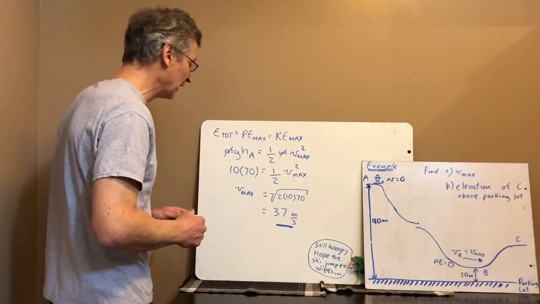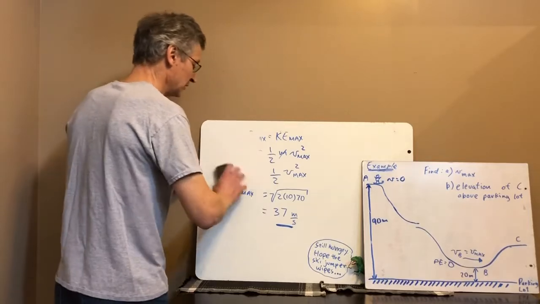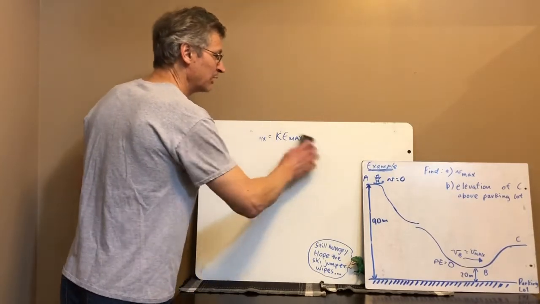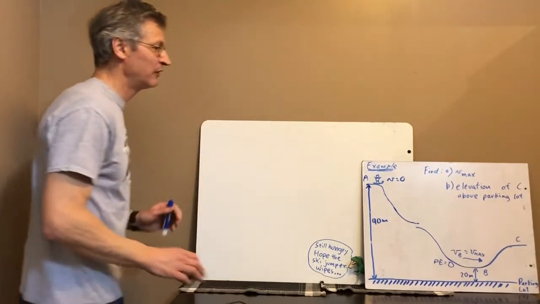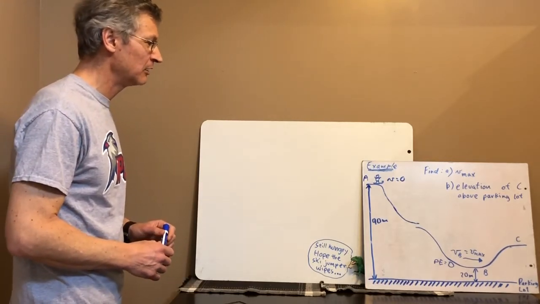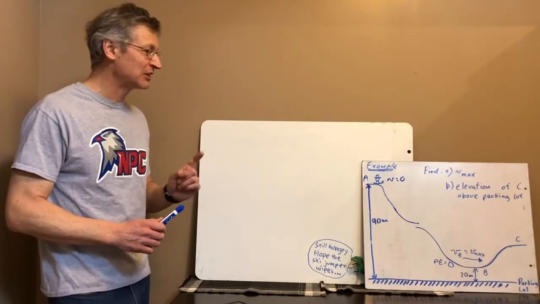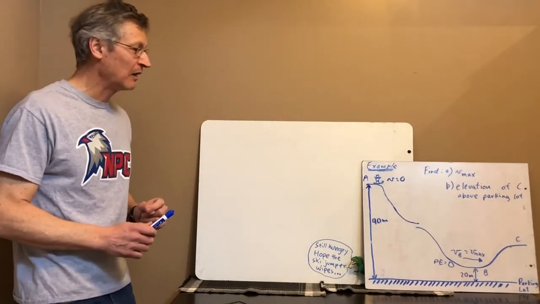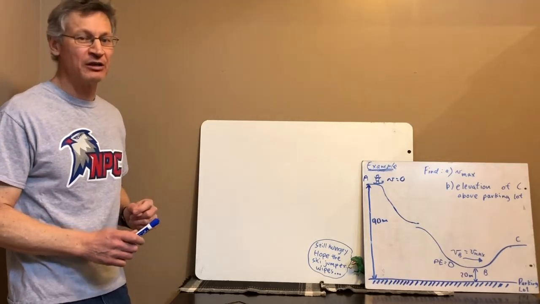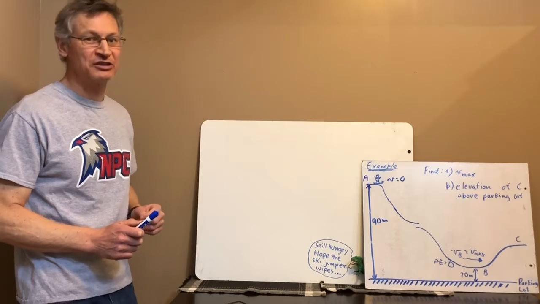Okay, let's figure out B part now. The elevation of C above the parking lot. Okay, and we should give you actually a little bit more information here. Give me just 1 second while I adjust this ever so slightly.